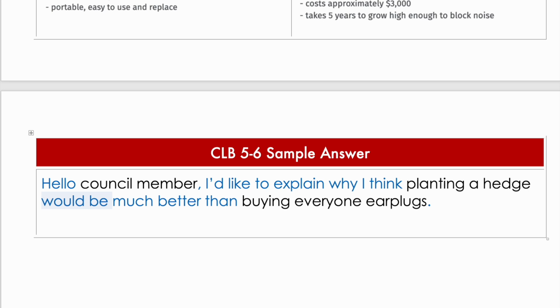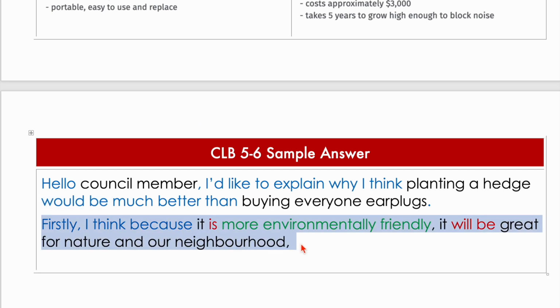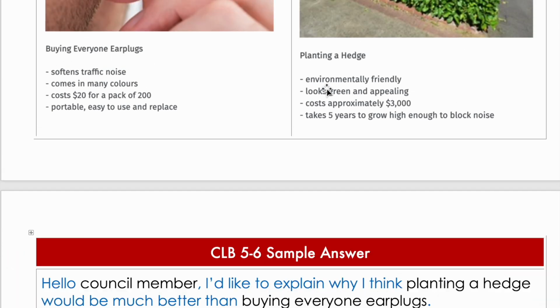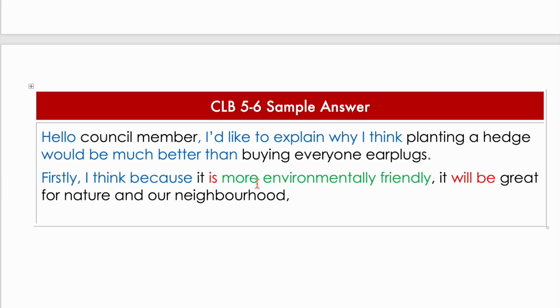So now let's get to the first idea. Firstly, I think because it is more environmentally friendly, it will be great for nature and our neighborhood. Okay, so you see, environmentally friendly. That was an easy one. We just said more environmentally friendly.